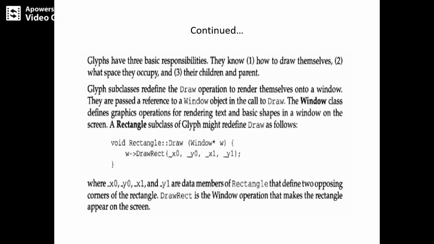After these three basic responsibilities, we will see the glyph subclasses which redefine the draw operation to render themselves into a particular window, which is always passed a reference to a window object in the call to draw. So the window class defines the rendering of text. How can we view the text orientation?